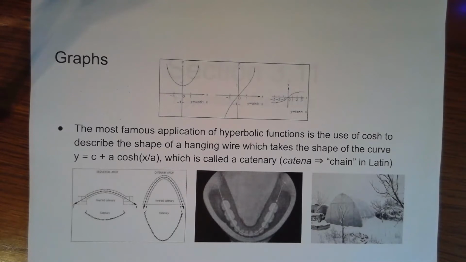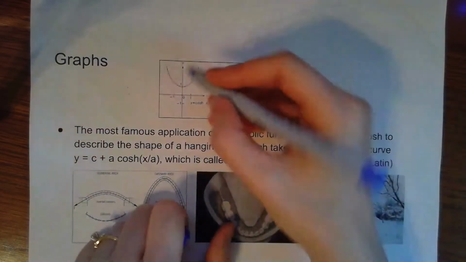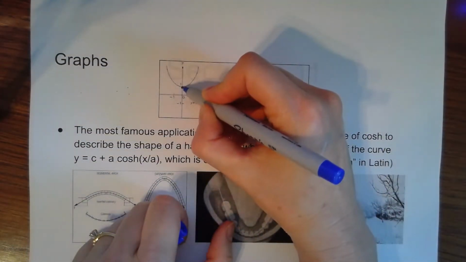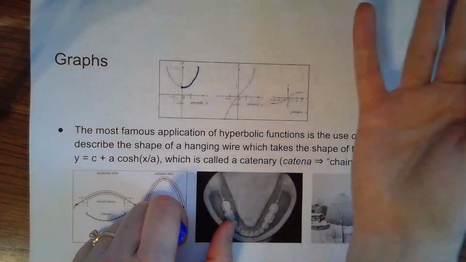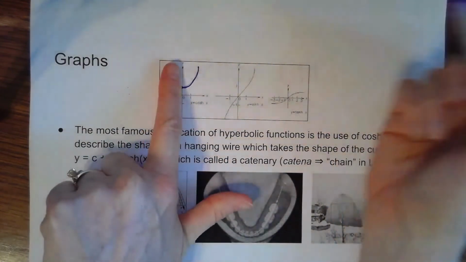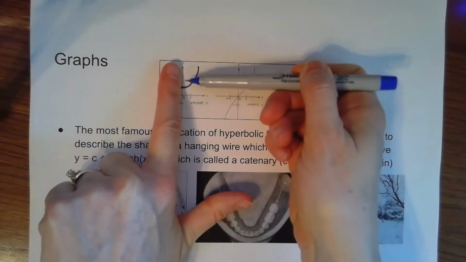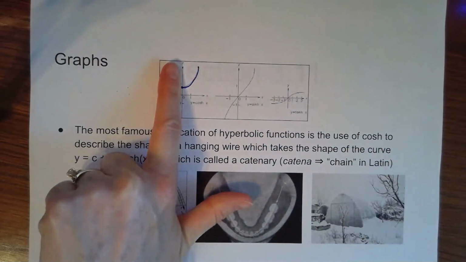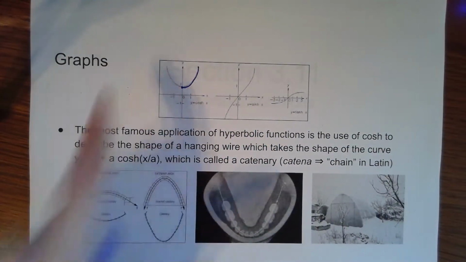So we are going to have to restrict the domain of the hyperbolic cosine to be able to get an inverse, and we'll go ahead and restrict it to this right half. If we cut off the left half and just have the right half, that side of it would pass the horizontal line test, and then we would be able to invert it.